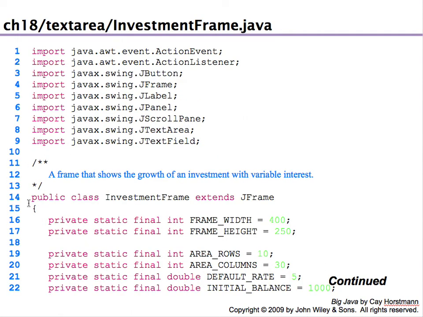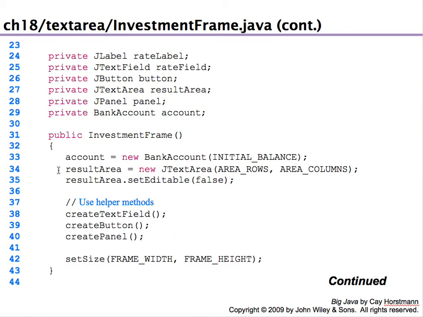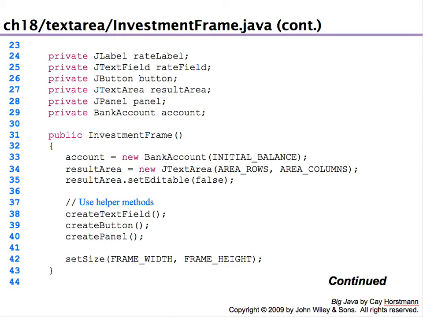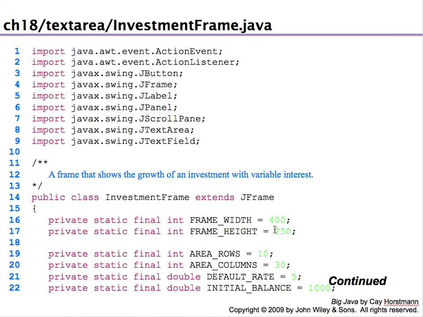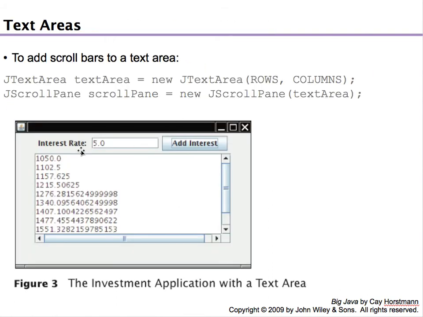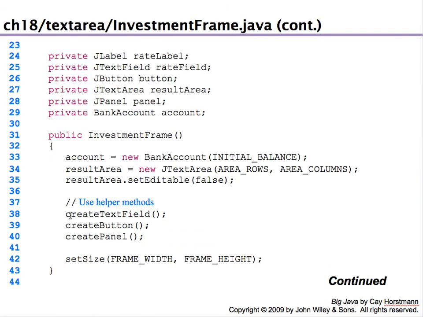So here is an example, an extension example for the investment frame that uses a text area. As you can see here, this is the definition of the private members. Some of these values are defined as constants, and the other components that you're going to use are a label for the rate, the text field to enter the rate, the button, and then the text area in order to display the different balances.